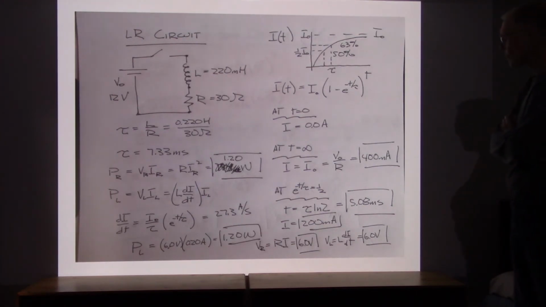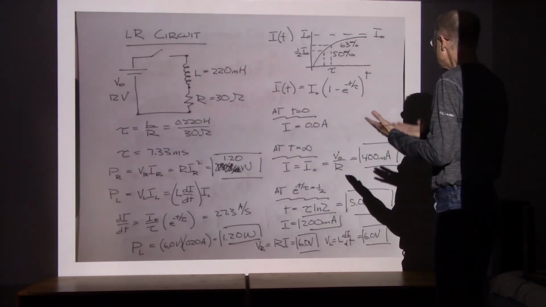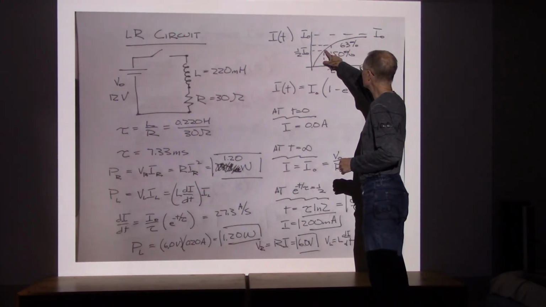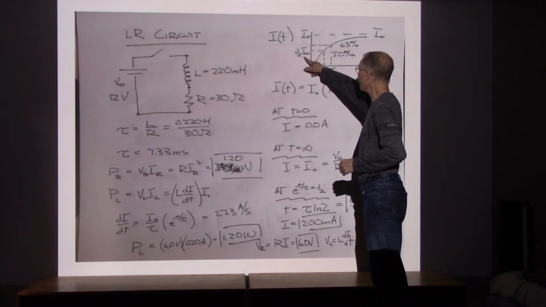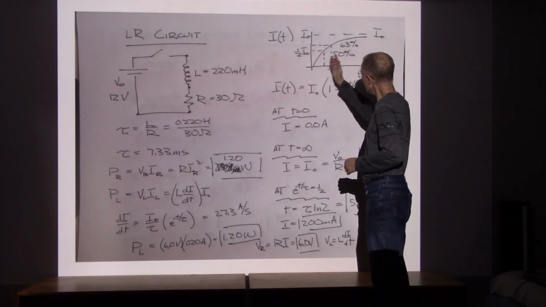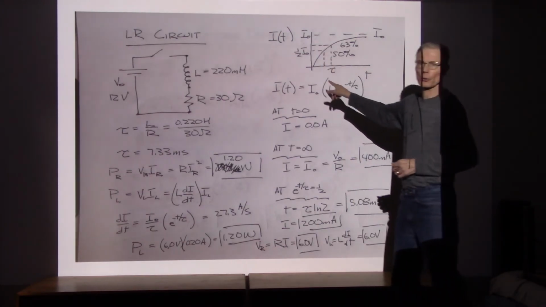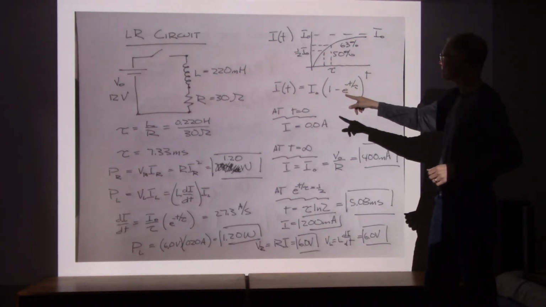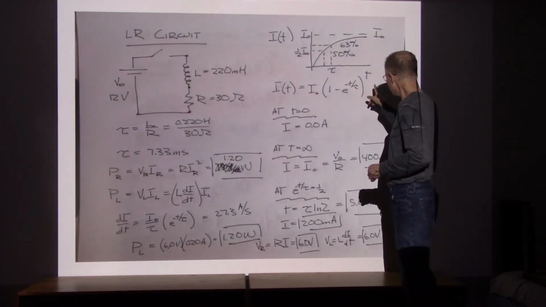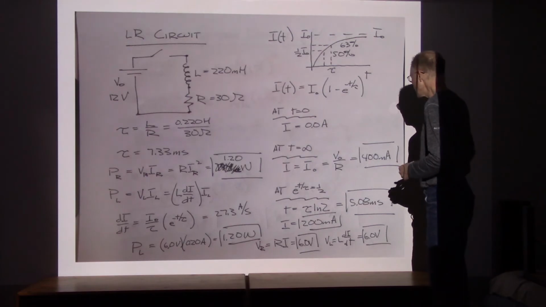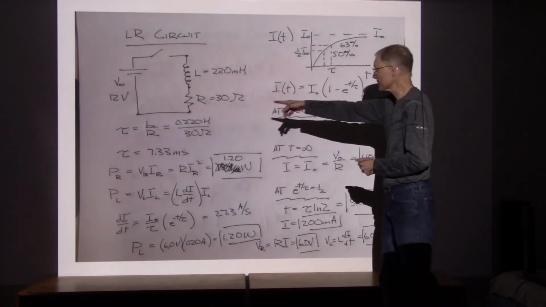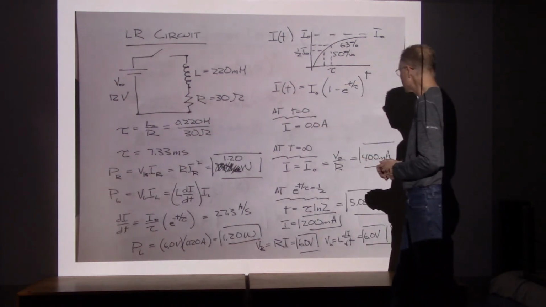Now what they asked about was what happens when the current has reached half of its value. So I've got this 1/2 times the current, that's at 50%, and it's going to occur at some time shorter than the time constant. The time constant here was 7.33 milliseconds.